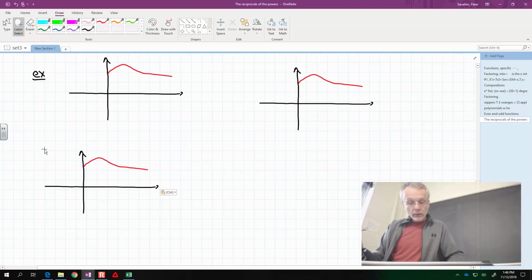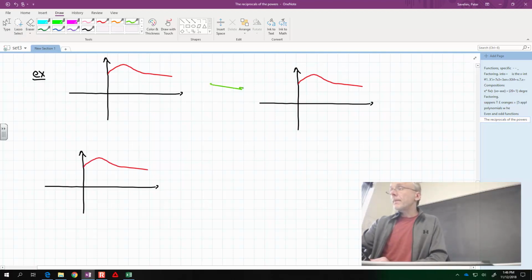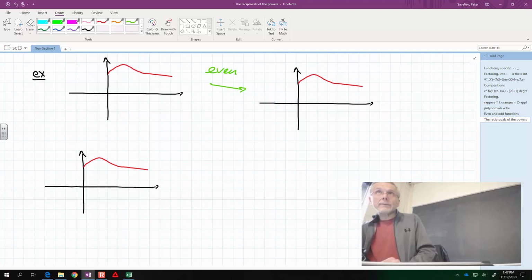You're supposed to plot the rest of it. So how do you plot the rest of the graph? Yeah, so that's right. You just take that graph that you have, flip it, and then attach it.